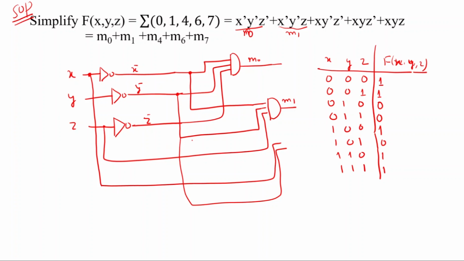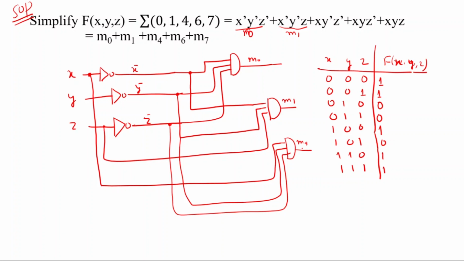This is the implementation of the third min term, because this is also an ANDed term. This represents 1 0 0, which means this represents m4.